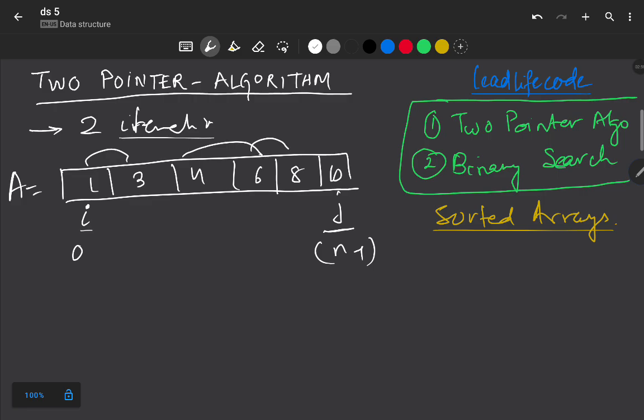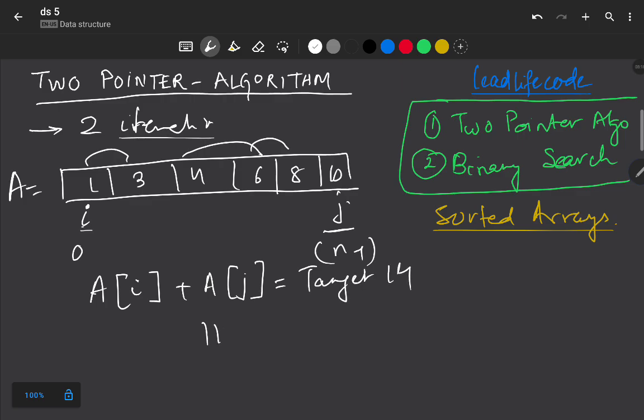What will happen here is you will start by adding these two: check if A of I plus A of J is equal to the target, that is 14. In this case 11 is not equal to 14.